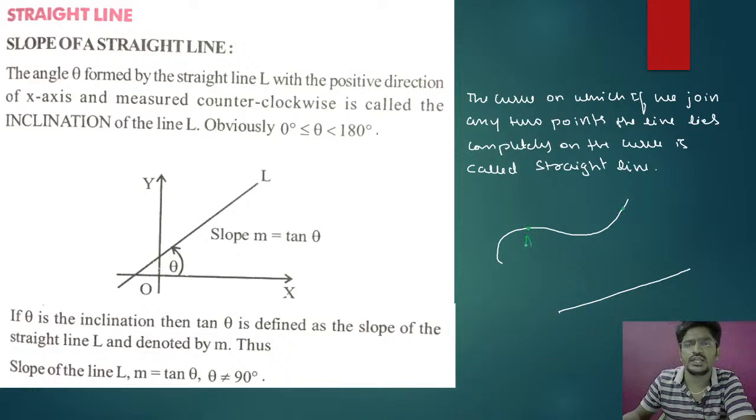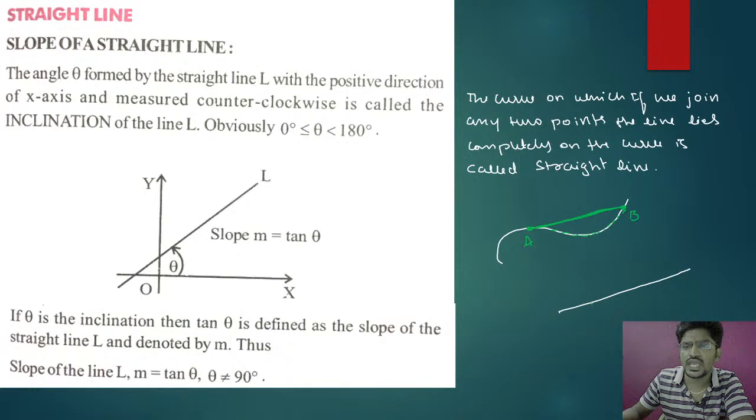Say this is point A and this is point B. Now if I join these 2 points, you can see that the line segment AB will not lie on the curve because the curve is here. So now the line segment AB is not on the curve.